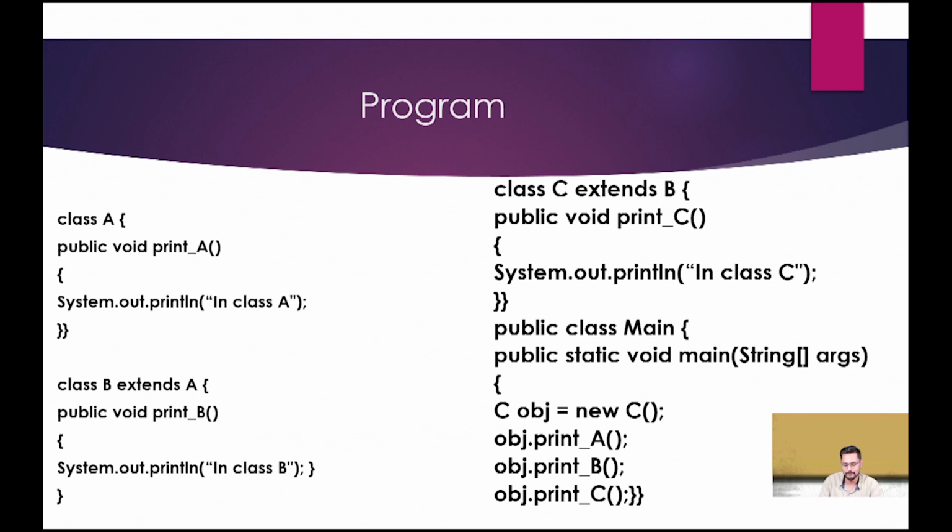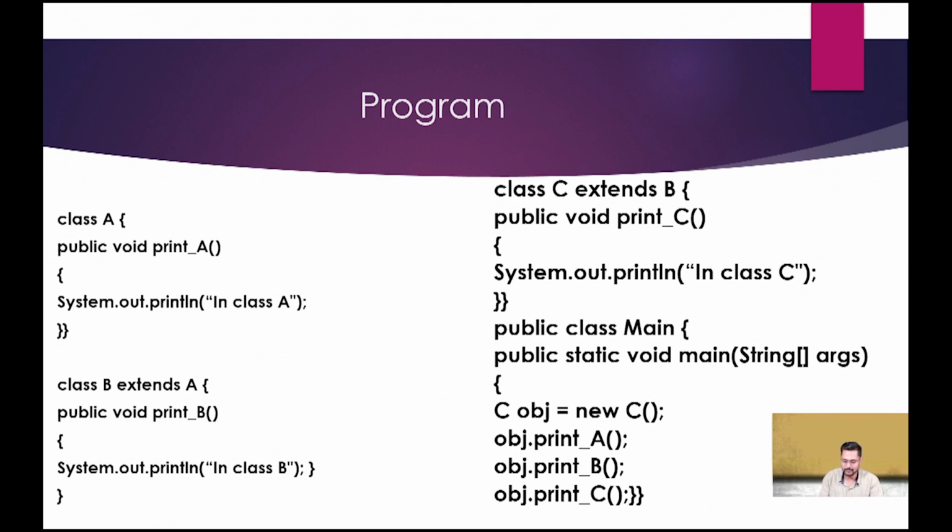Because B is the child of A and C is the child of B. In class A, we created one function, public void print_A, and in this function we write the statement in class A. And in class B, we write one more function, public void print_B, right? And in class C, we created one function, public void print_3, right?